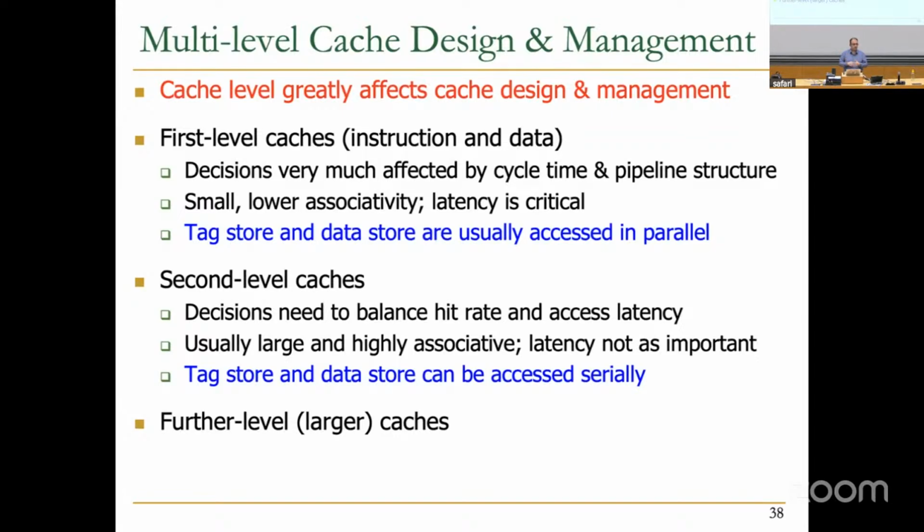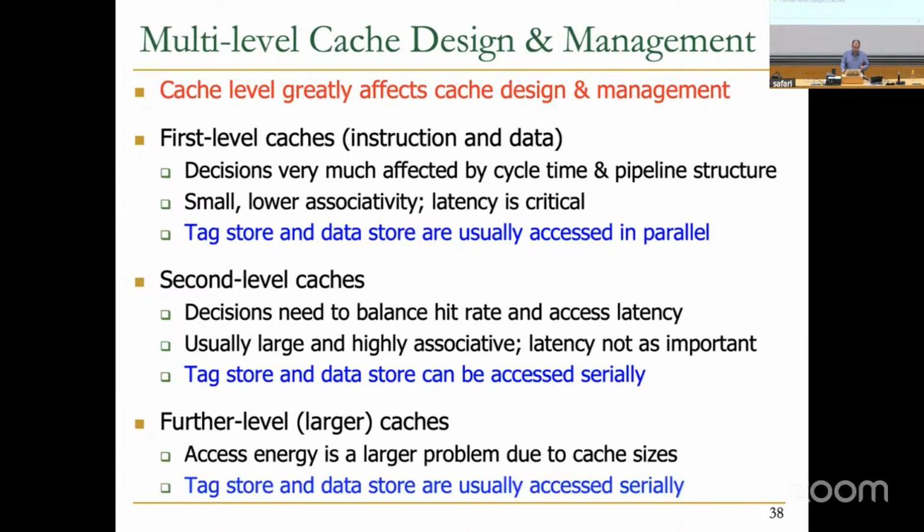And that can save you a lot of energy, which is very important for second level caches because those caches are much larger. But if you access your tag store and you hit, then you access your data store to fetch your data. That comes at the price of some longer access latency on a hit, but maybe that's not that important because L2 and L3 are much further from the L1 cache, and the pipeline design is not heavily dependent on the access latency of L2 and L3.